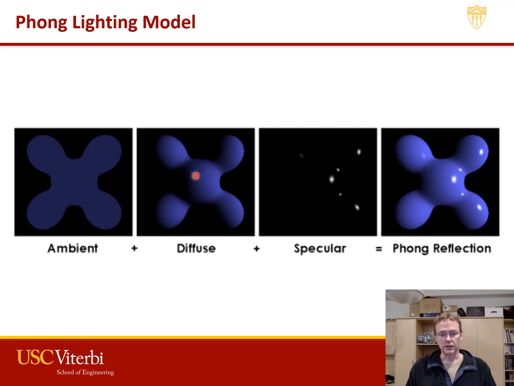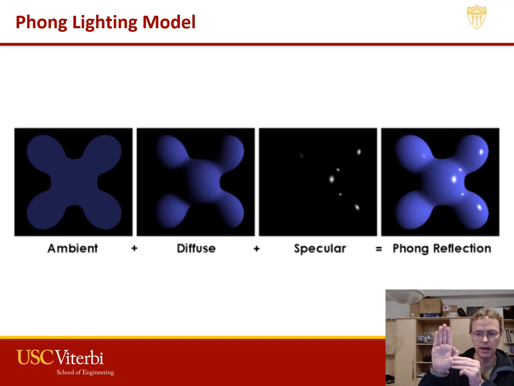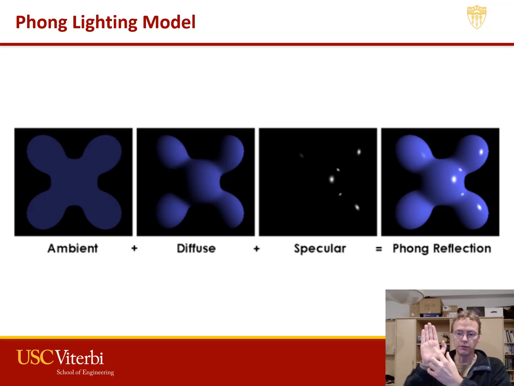Okay, what is the diffuse term? The diffuse term is the concept that, like I was doing with my hand, if I point my hand at the light source, it's very bright. And then as I tilt away, now it's not as bright. And then now I'm in shadow, right? So the angle of the normal of the surface towards the light source will determine how bright the reflected light is.